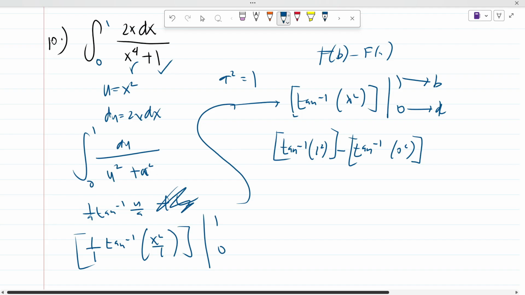So, arctan ng 1. So, this will be equals to what? Arctan ng 1, ilan to? Pi over 4. Then, next is that minus arctan nito is 0. So, pi all over 4 is the final answer for this problem, guys.